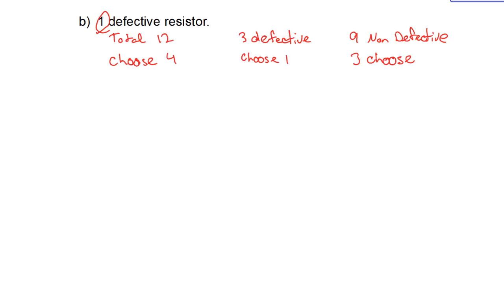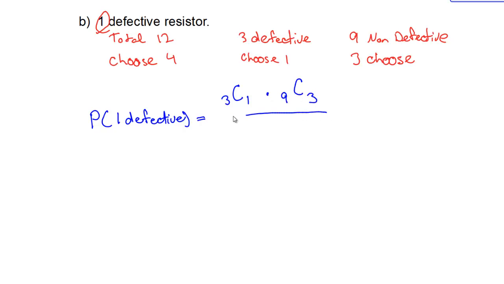Then when we write out our formula, probability of 1 being defective, I'm going to start with my defectives. I have 3 to choose from, and I'm going to choose 1. Times my non-defectives, I have 9, and I'm going to choose 3.